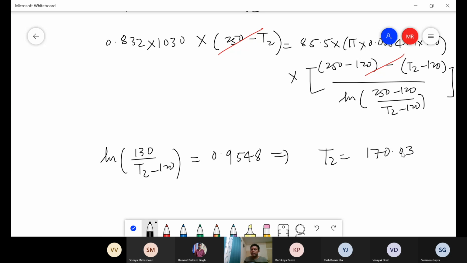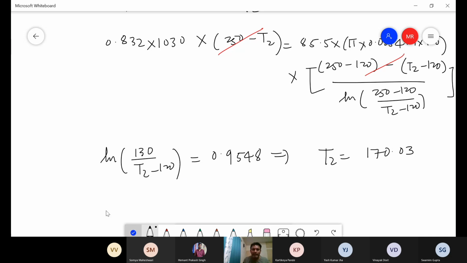So this comes out to be 170.03. So clearly the outlet temperature is coming as 170, and since the outlet temperature we assumed in calculating the average temperature is the same, 170, that means we don't require additional iteration here.